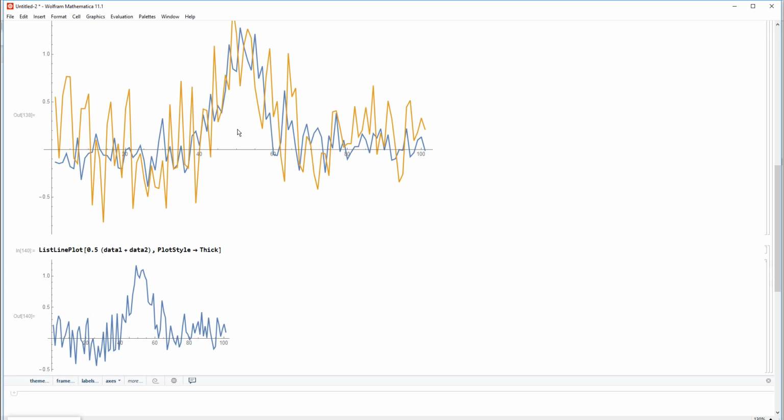So first of all, the question would be, why do it in the first place? Why would we add up good and bad data? Why not just toss away the bad data? It will help us to improve the signal to noise. Why?